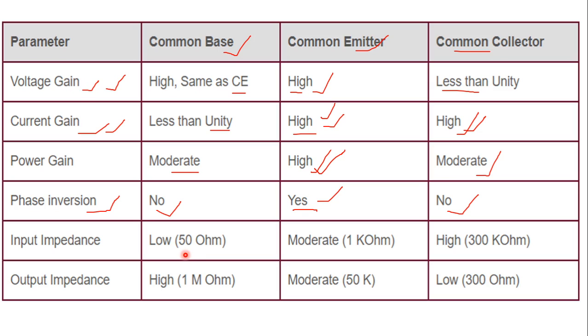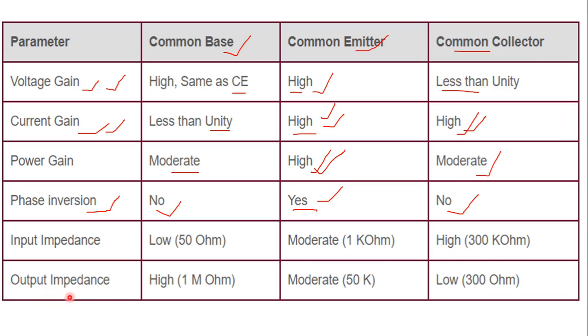because the base is common and the input is the emitter. At the input side you see the forward bias junction, and the resistance of a forward bias junction is very low. For common emitter it is of moderate value, around 1 kilo ohm, and it is high, of the order of 300 kilo ohms, in common collector.